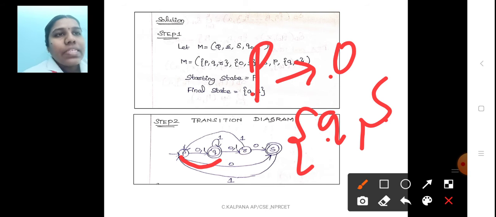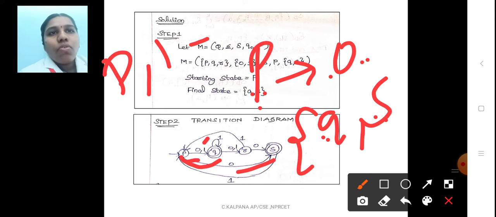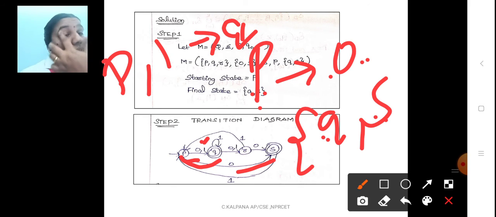Then P to S, input is 0. Here P to Q is 0 and P to S is 0. Then include another input, P, 1 is Q, because P, 1 goes to Q alone. So I marked P to Q as 1 here.